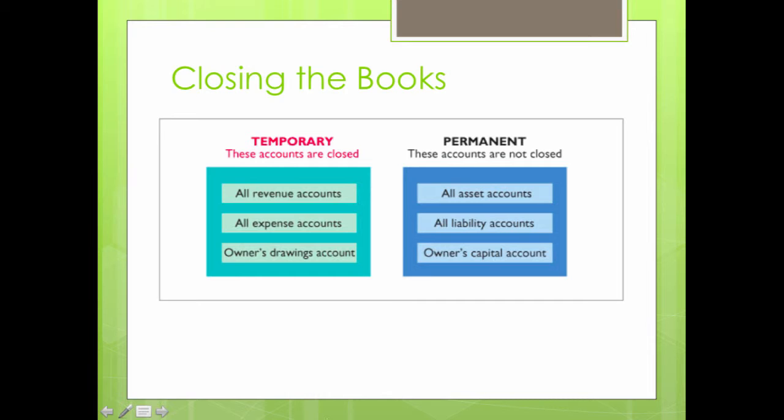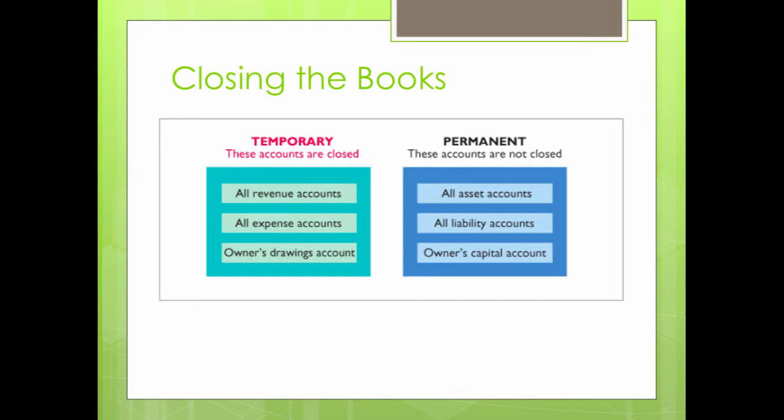Remember the owner's drawings? The reason you need to know that is because you would eventually transfer whatever revenues you made in your business to owner's capital. That's the reason why you close these accounts, but not the permanent accounts. If your business is going to continue, you want to make sure that your asset accounts, your liabilities, and your owner's capital accounts continue to be open so that those balances are carried over year to year.